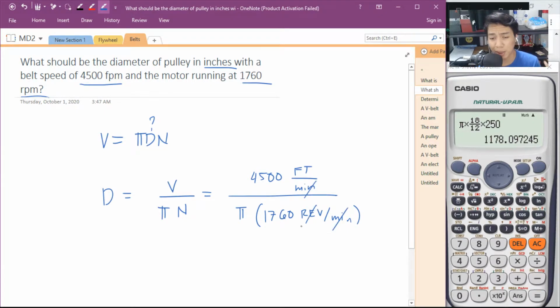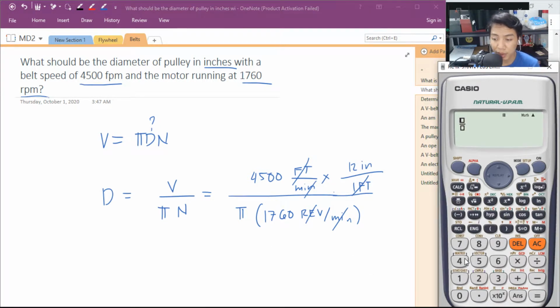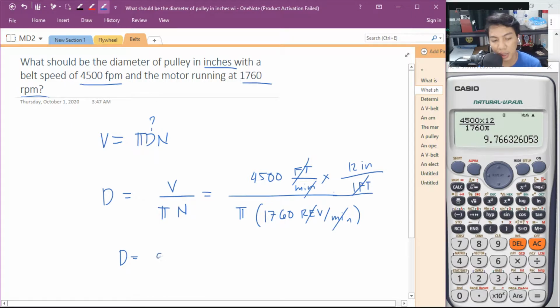Yung revolutions, wala namang unit yan. The problem there is the feet. So, inches ang kailangan natin. Ilang inches yan? 1 foot is 12 inches. So, ang natira is 12 inches na lang. We can now solve for the value of d. So, 4,500 multiplied to 12 divided by 1,760 times pi. The answer will be 9.77 inches. Okay. That is the diameter of the pulley.